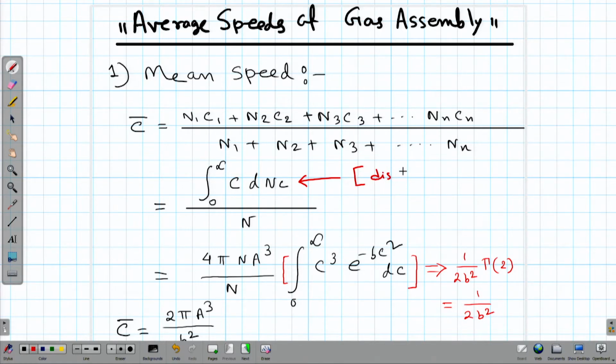The expression of dnc I am not going to write here as of now, but as you know, this is from Maxwell's distribution.